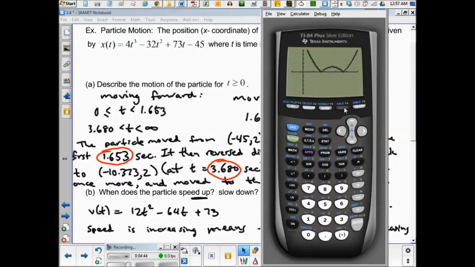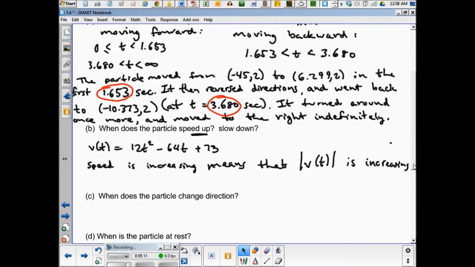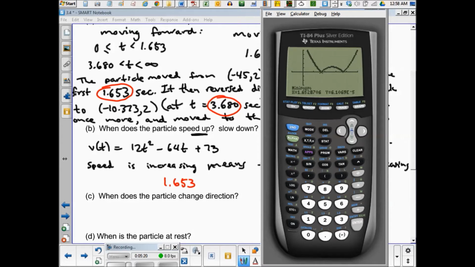Okay, so I need some points. So I'm going to do CALC minimum in this region. And I got 1.653. That sounds familiar. Okay, the y value here, this is basically 0, if you ever see that, 10 to the minus 5.